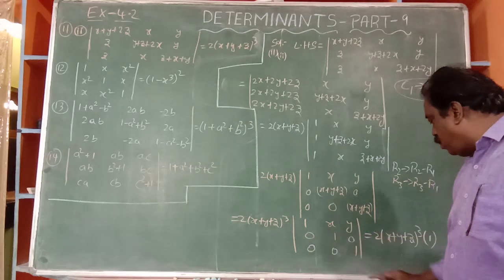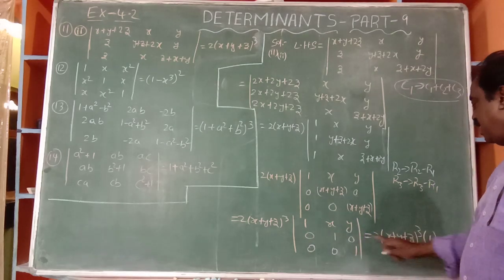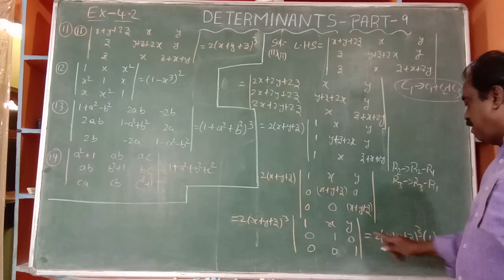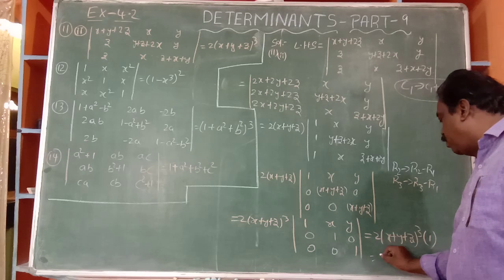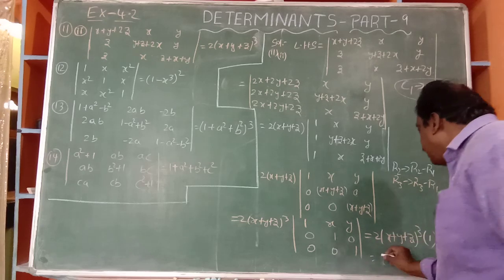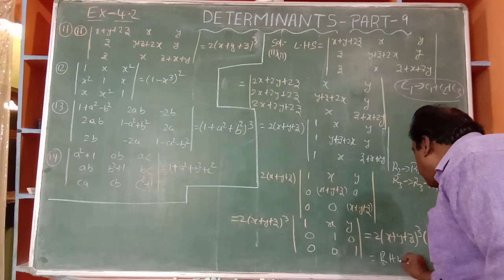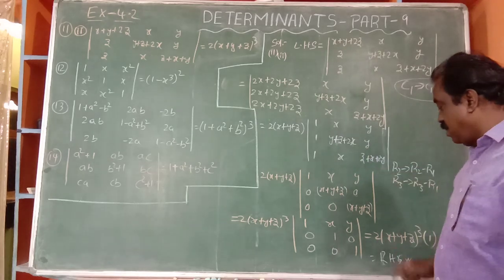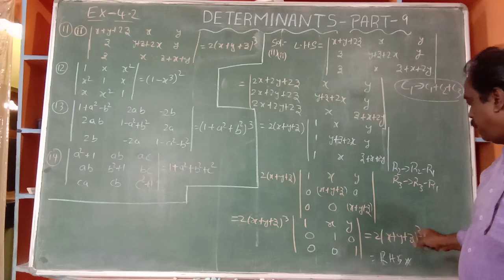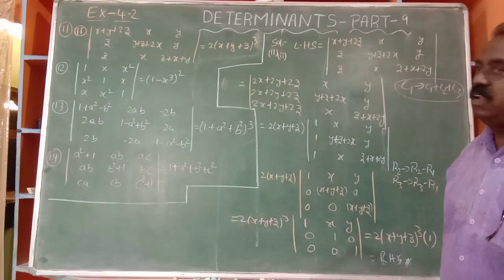Minus 0 plus 0 will come. So in the expansion of the determinant we get 1. 1 into anything is that thing. So we get that this is RHS. Okay now? RHS. Right. Like that we have to solve. 2 of x plus y plus z whole cube. Okay now?